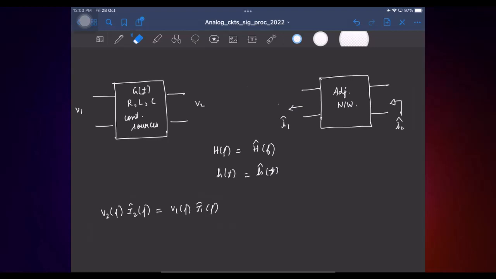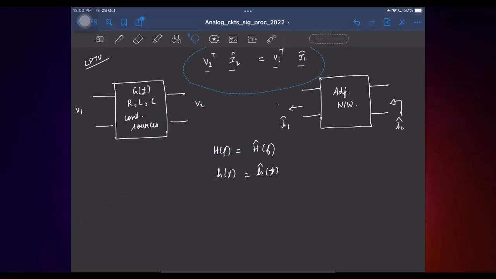For the LPTV network, we basically did everything in vectors. Here you have a V2 of f, but for the LPTV case, it is no longer a constant. So this was basically V2 transpose I2 hat was V1 transpose I2 hat.